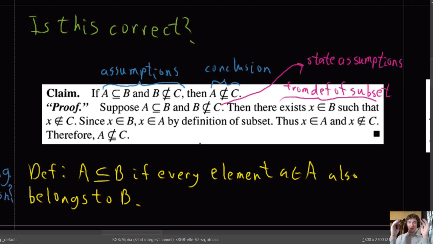If not every element of B is in C, that means there is at least one element of B which is not in C. Okay, so this deduction is true.